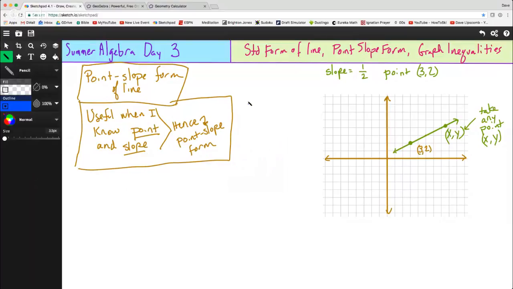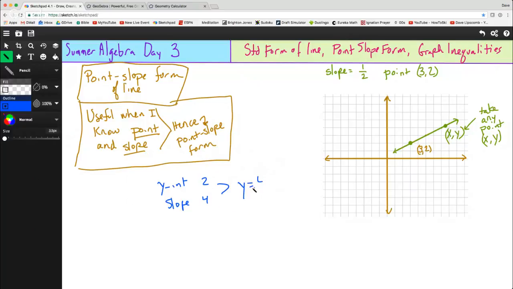If I told you the y-intercept is 2 and the slope is 4, you could easily put this in slope-intercept form and say y is equal to 4x plus 2. And so that's when you'd use slope-intercept form.